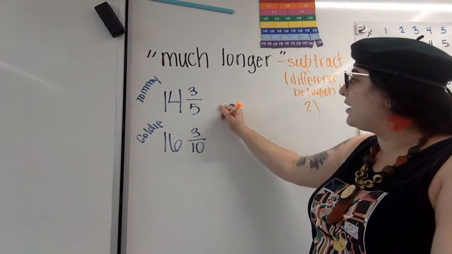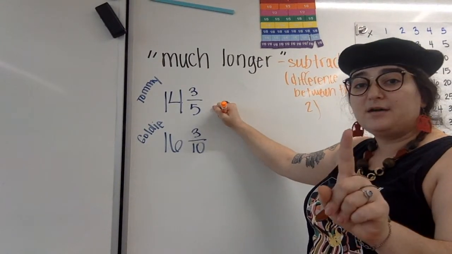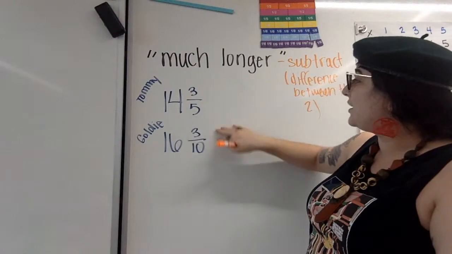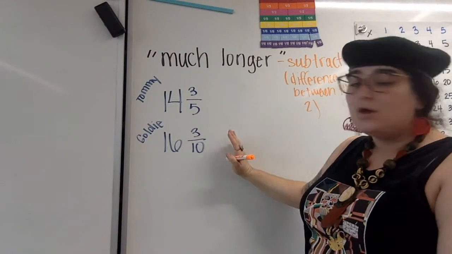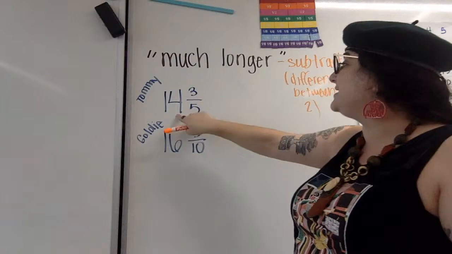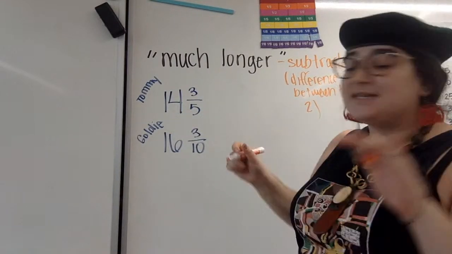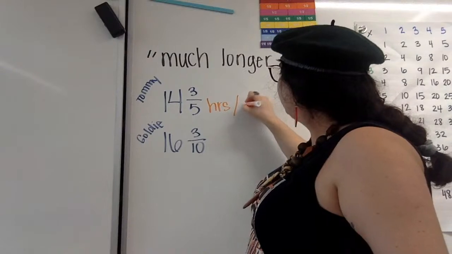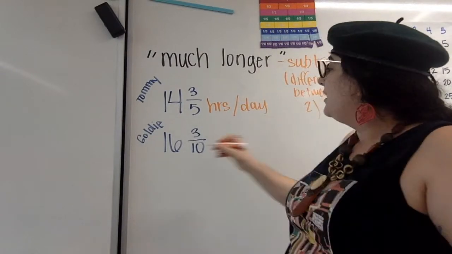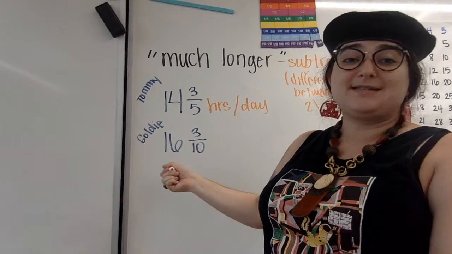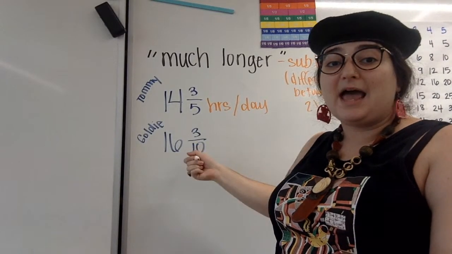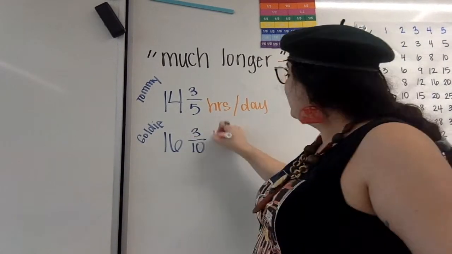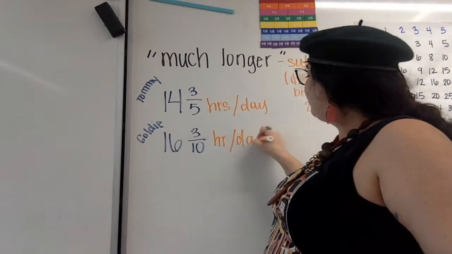Okay? We've done our first read. Our second read is looking at the quantities and what they represent. We know that Tommy sleeps for 14 3/5 hours. This number represents hours slept in a day. Per day. Goldie also, this represents 16 and 3/10 hours per day.